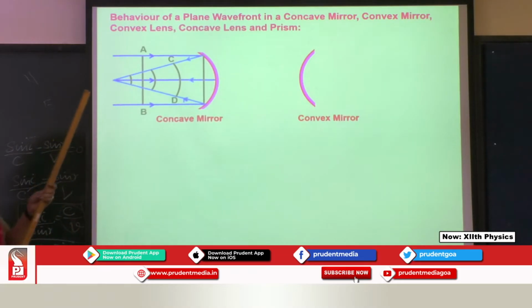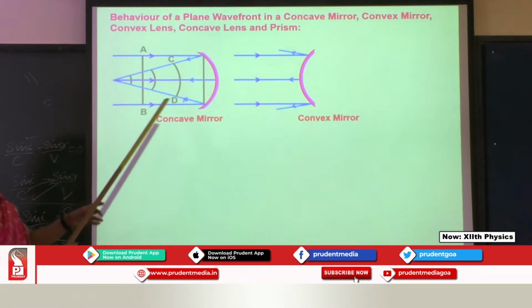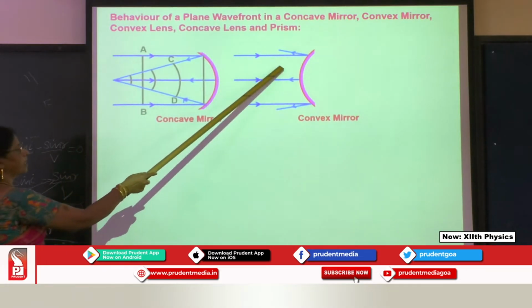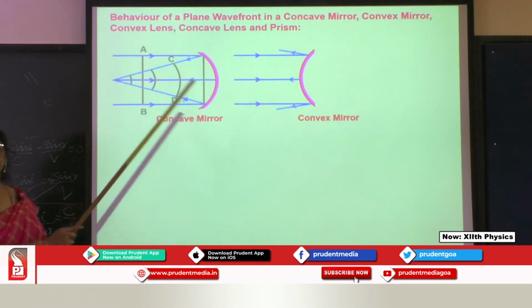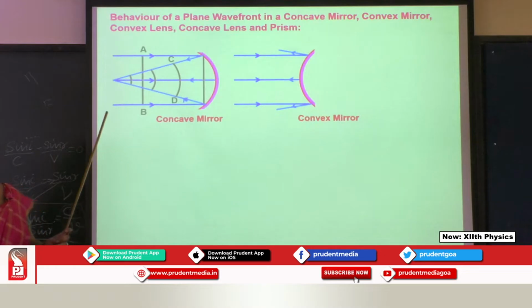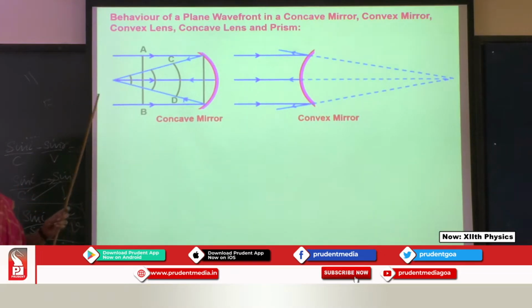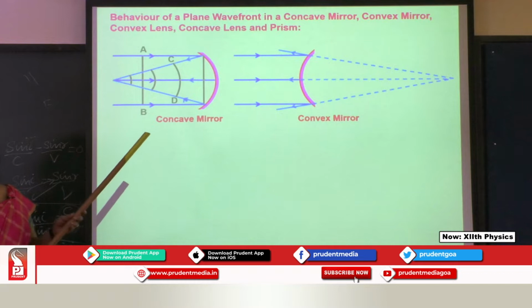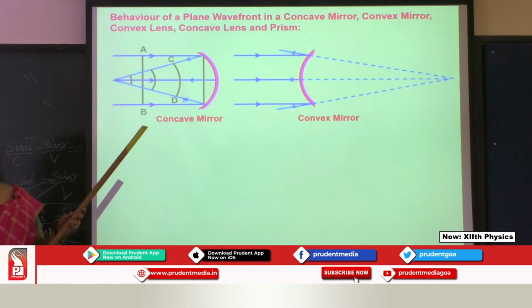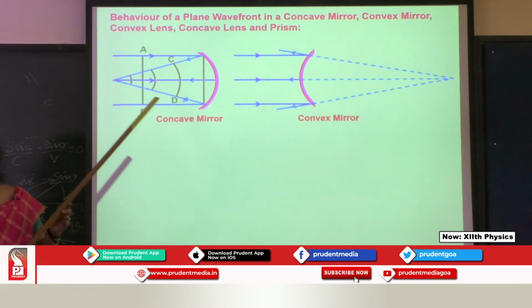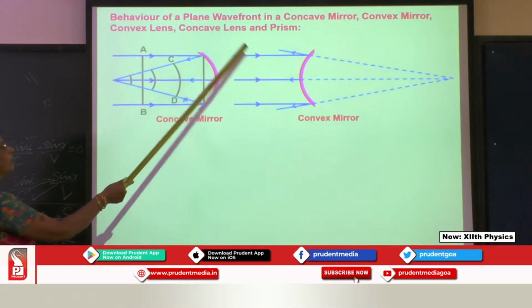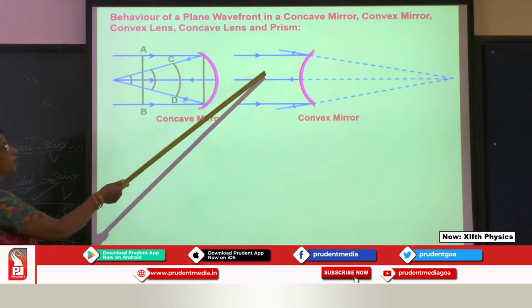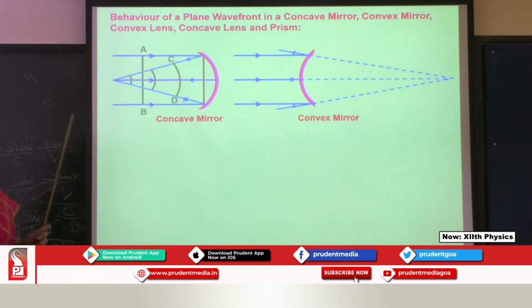Now when you consider a convex mirror, it is a diverging mirror. So it always forms virtual images. After reflection, the rays all diverge and appear to come from behind the mirror.